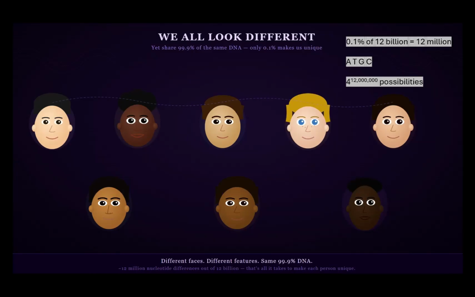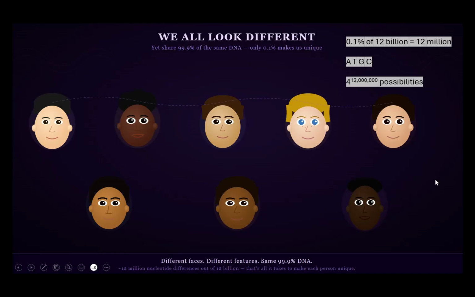So theoretically, those many different possible people, or those many different possible differences in our faces, features, etc. That's why we look all different, even though 99.9% of the DNA is the same among all of us.